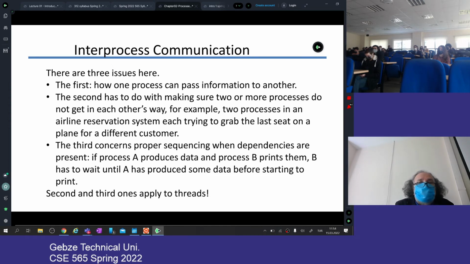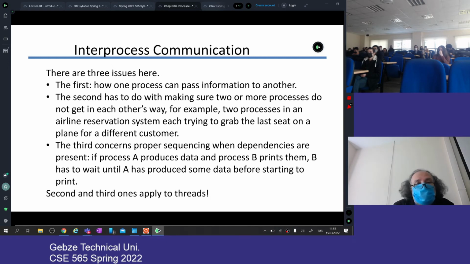If both of them are working on the same data, we should be careful about the side effects. The third one, which is called the race condition actually, is proper sequencing when dependencies are present. If process A produces data and process B prints it, B has to wait until A produces the data. B cannot continue until the data is ready.